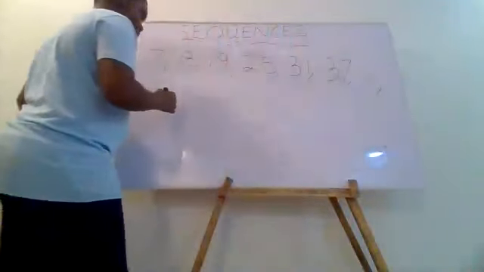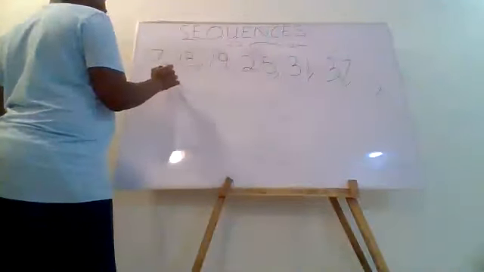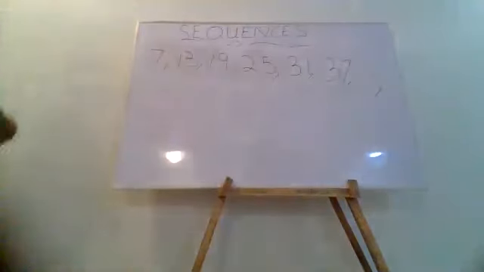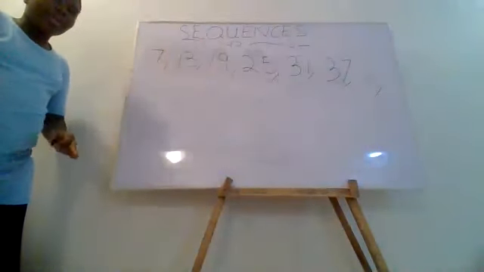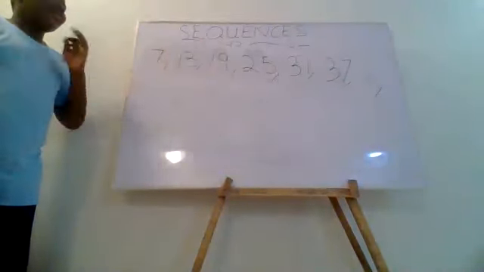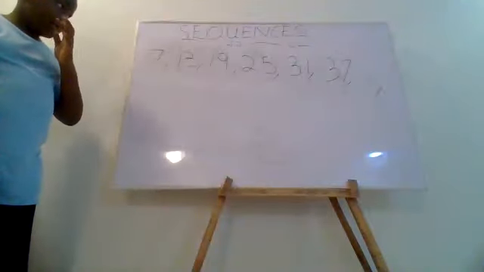And for this, we don't know the next three terms. The first thing we need to do to find a position to term rule is to find the term to term rule. It is the most key thing in this.